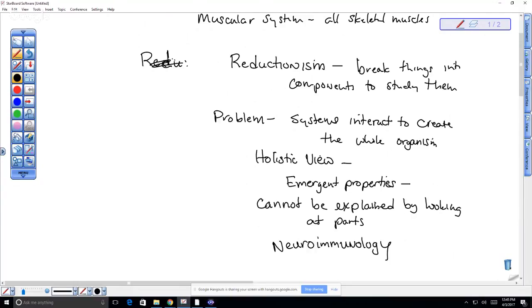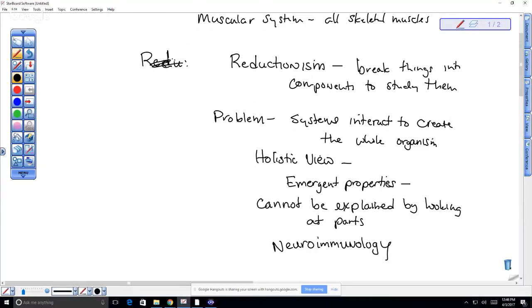When my mom was sick, she would go to the cardiologist, and he would prescribe one whole set of drugs, and then she would go to the endocrinologist, and they would prescribe a whole other set of drugs. These specialists are not looking at how the drugs are interrelated, and so sometimes you get drug interactions. That would be an emergent property: two drugs interacting and then something big happens.